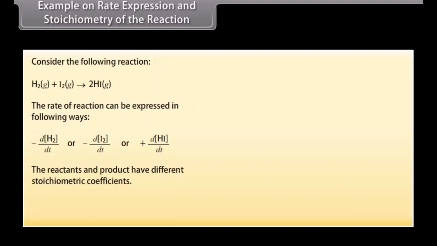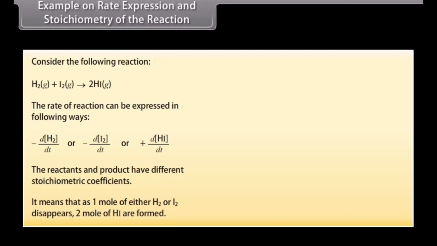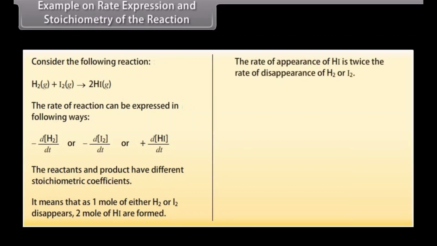The reactants and product have different stoichiometric coefficients. It means that as 1 mole of either H2 or I2 disappears, 2 moles of HI are formed. The rate of appearance of HI is twice the rate of disappearance of H2 or I2. Thus, minus d/dt of [H2] is equal to plus 1/2 d/dt of [HI].